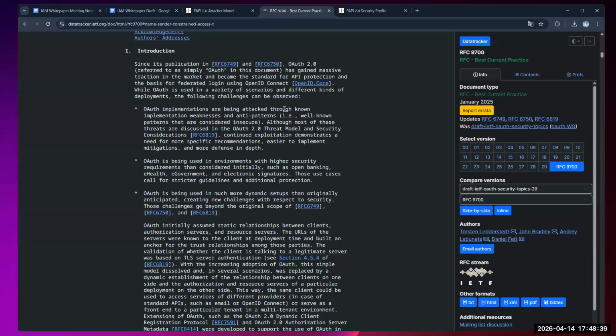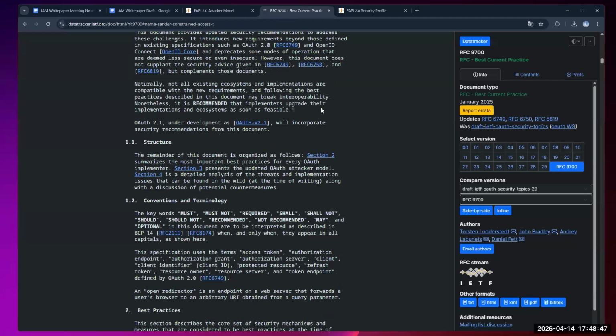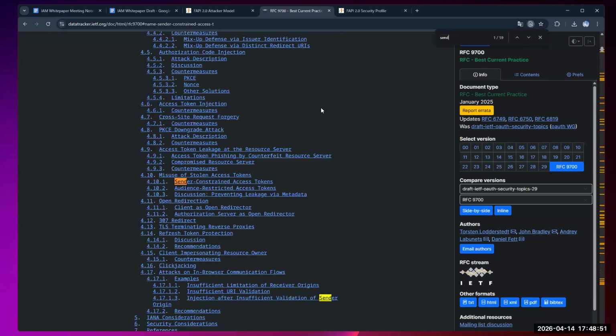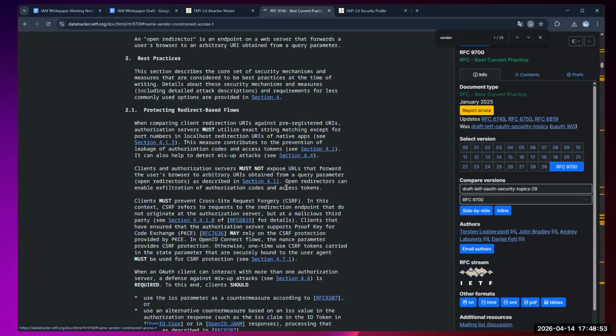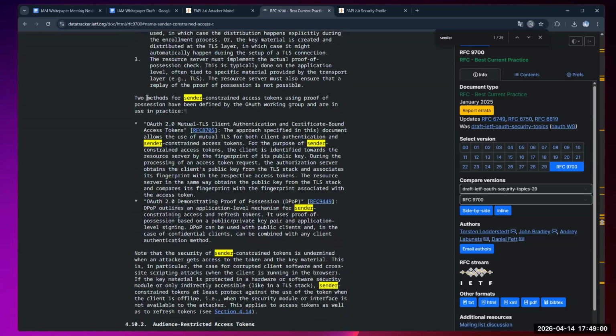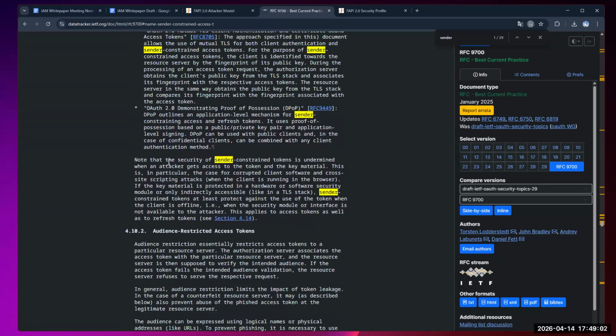I see, but I should check the level of the best current practices.